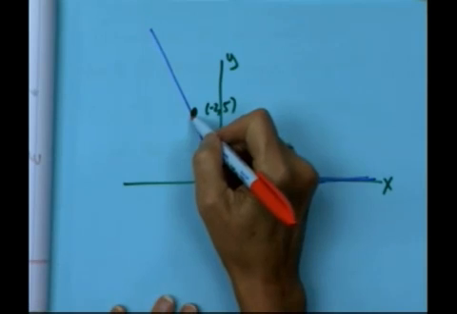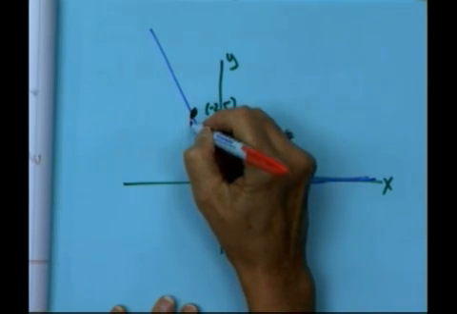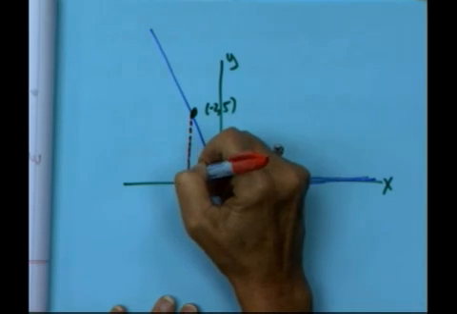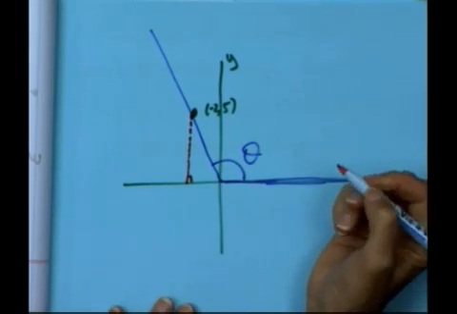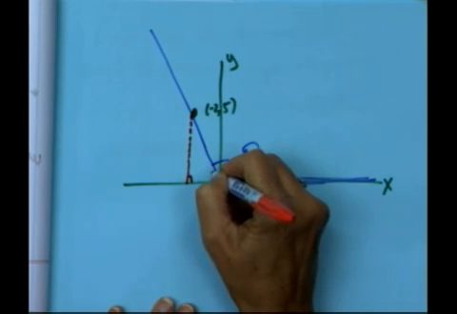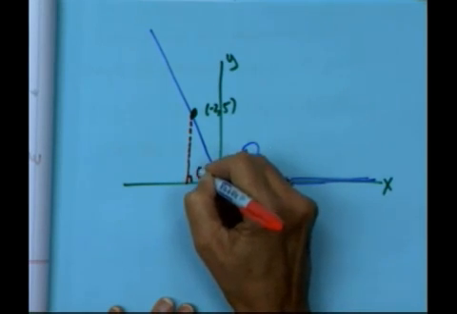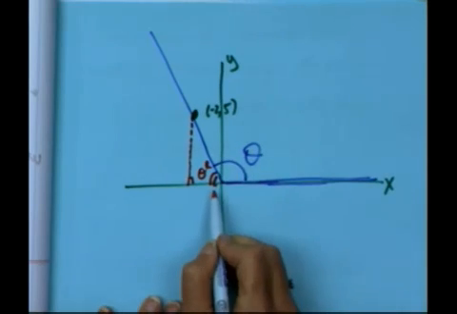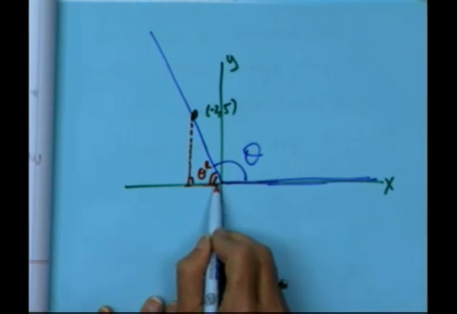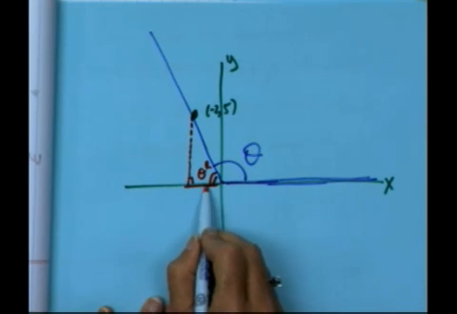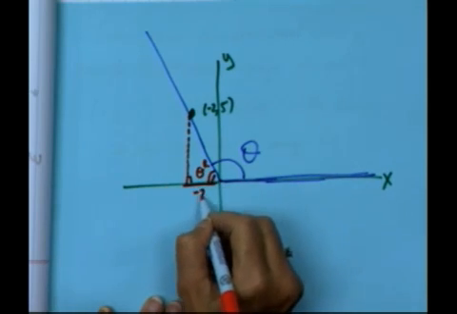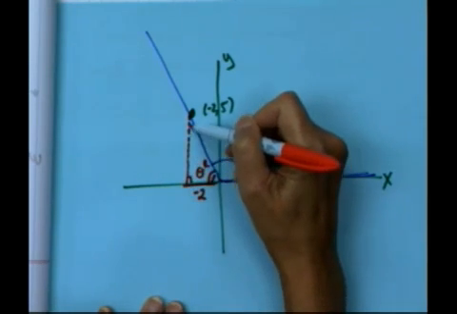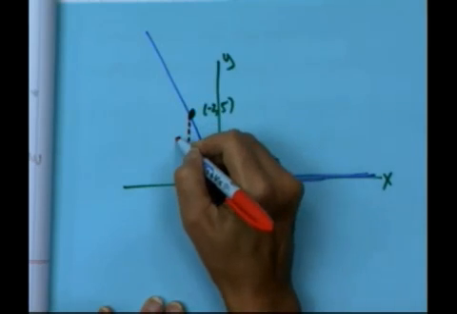If you know a point on here, you could drop your perpendicular straight down and you will have your little reference triangle. This little angle right here is your reference angle. And what would be the x value along here? Is it +2 or -2? -2. And the y value is +5.